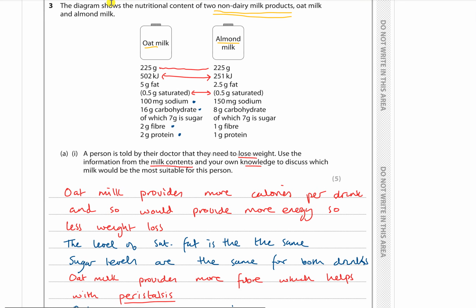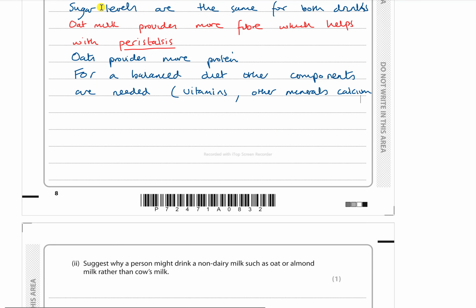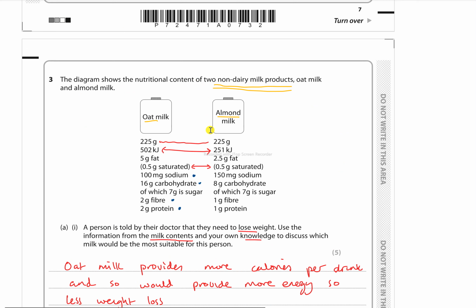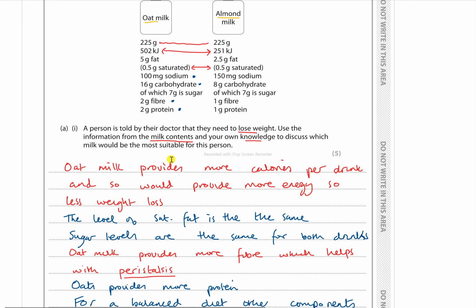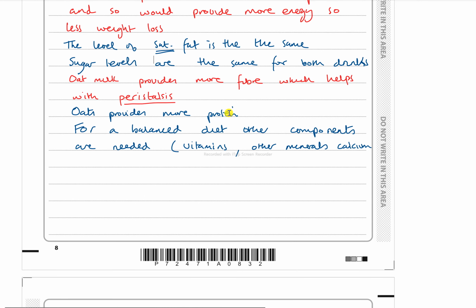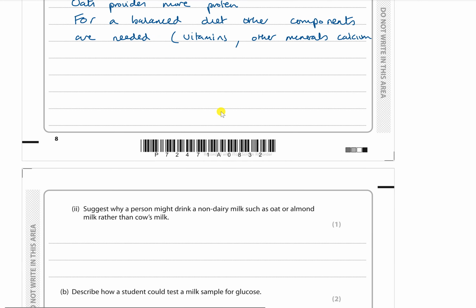Actually, does it? No, I didn't see calcium. Yeah, okay. You've got carbs, proteins, and saturated fat. They provide the same level of saturated fat. Okay, that's fair enough.